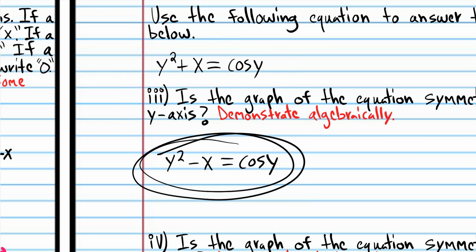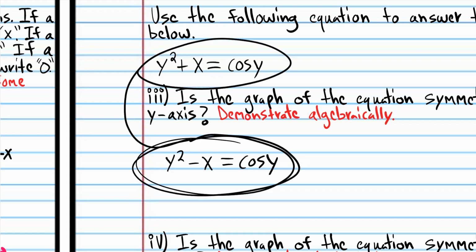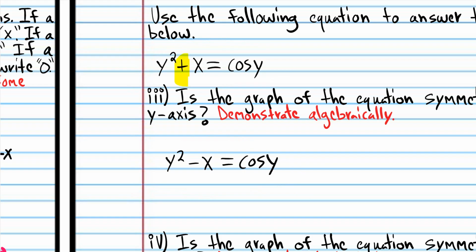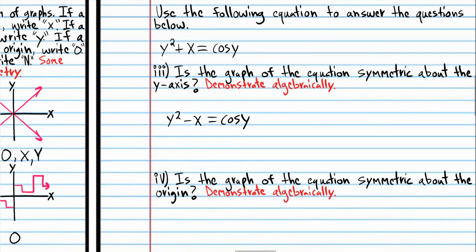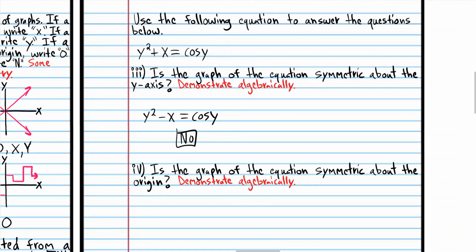And there's nothing we can really do to simplify it, so this is the most simple form. But does it look the same as this equation? And the answer is no, because there's a negative symbol here. It's different. So that means it's not symmetric. The graph of this equation here is not symmetric about the y-axis.